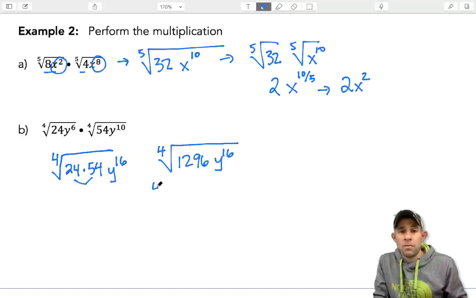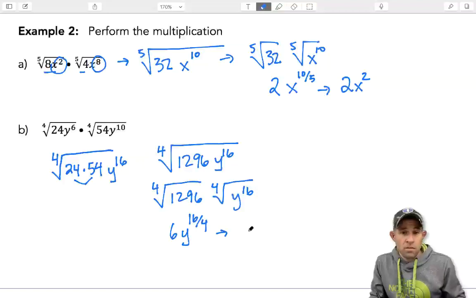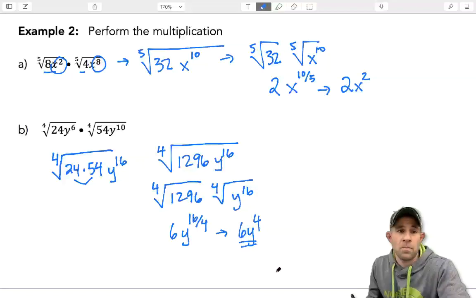So again, we can separate these back out. This is the fourth root of 1296 times the fourth root of y to the 16th. Well, the fourth root of 1296 simplifies to 6, and this is y to the 16 over 4, which simplifies to just y to the 4th. So we have 6 y to the 4th as our final simplification there.